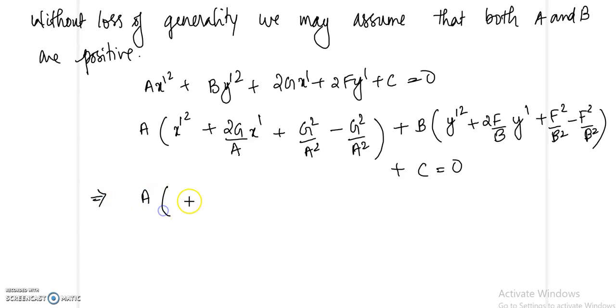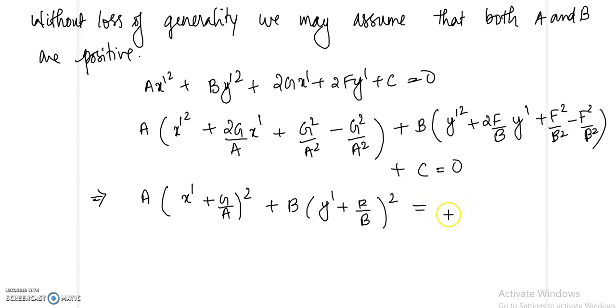So we'll get A times x dash plus G by A whole square plus B times y dash plus F by B whole square, that will be equal to, let us take the constants to the right side, so here G square by A plus F square by B minus c.